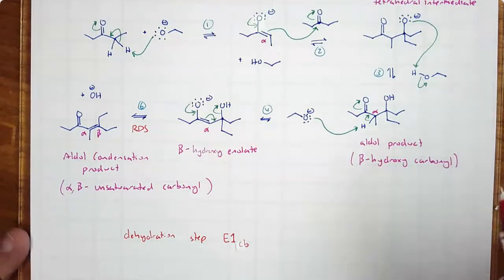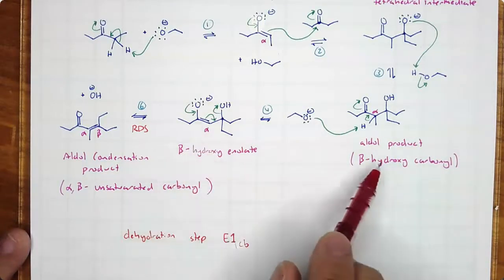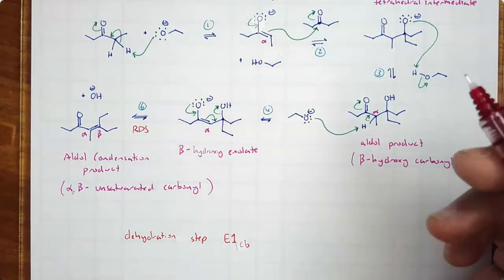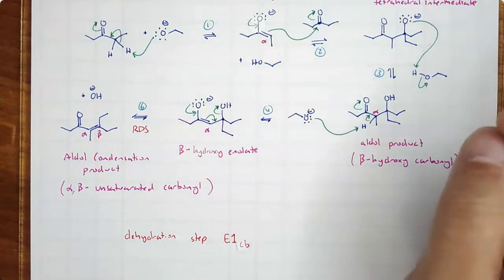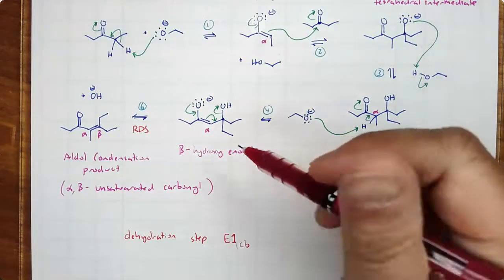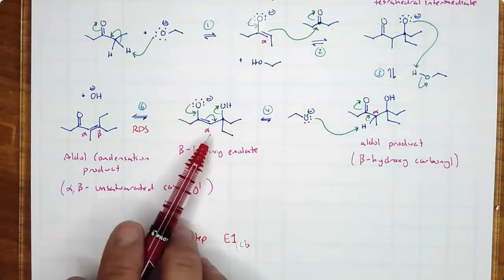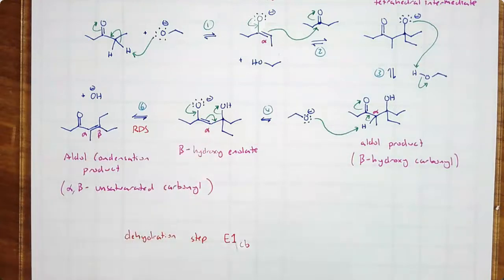That's considered unimolecular elimination conjugate base because we did get the conjugate base of the aldol product. We go through the anion. We don't go through the carbocation like we do with an acid catalyzed dehydration. And we definitely don't do an E2 because here we don't have a helper molecule. It's one molecule going through the rate determining step.